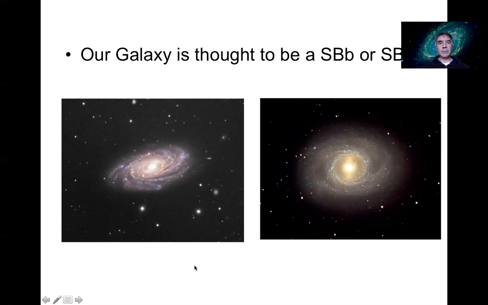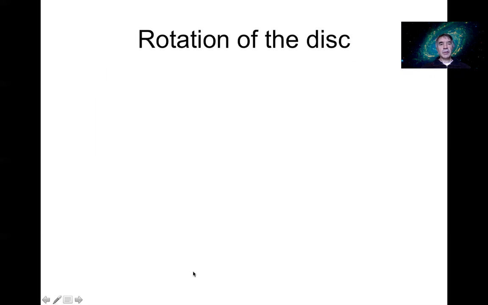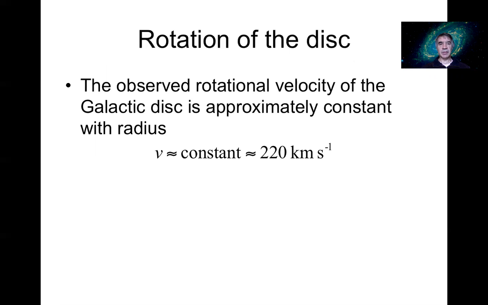Okay. So let's look a little bit more at how the disk of our galaxy rotates, obviously just thinking of that as an example for other spiral galaxies as well. So here's an interesting fact.